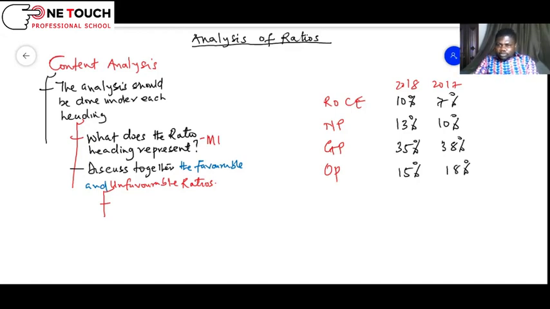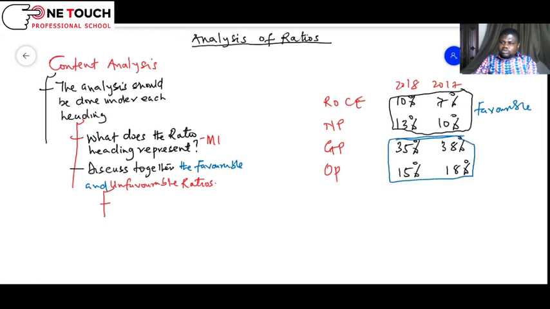So gross and net profit are saying that the entity is doing well because they are increasing. Because of that, we say this is favorable. Then these two are telling us that the entity is not doing well, so we say they are unfavorable.